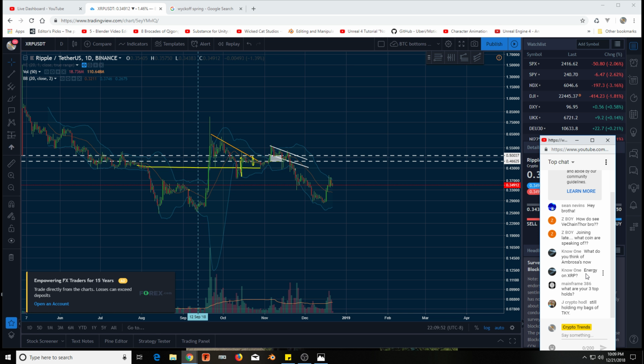So what coins do you have in your portfolio? If you had to choose, would you sell one for the other? So that's basically what I did. I sold XLM and XRP for TKY.